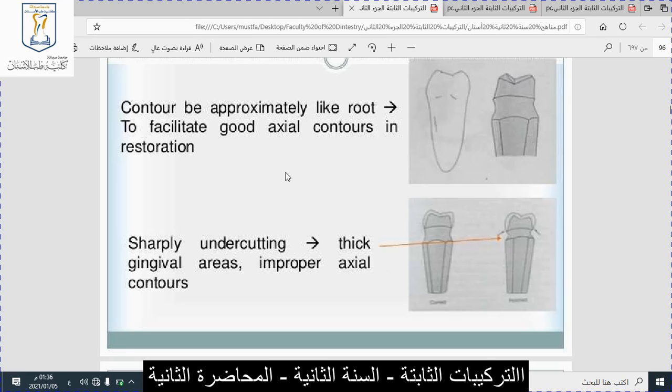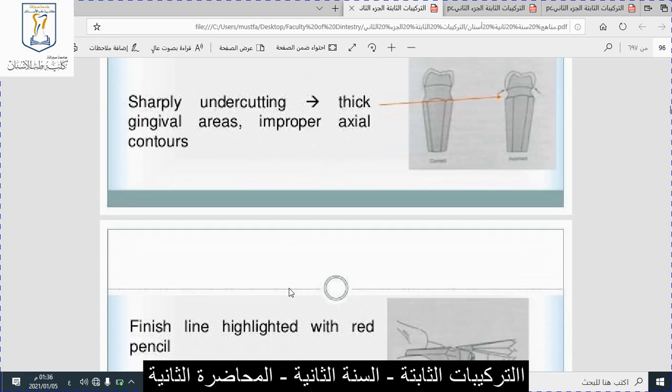So we must give the anatomy of the tooth and avoid undercut, because it makes the wax pattern and the restoration overhang. An open margin or overhang will prevent seating, or the open margin leads to dissolution of the cement and decay under the restoration.